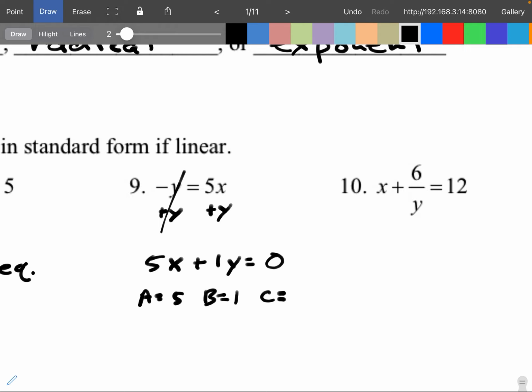You get 5x plus 1y equals what? What do I got on the left-hand side? What's negative y plus y? 0. That's a 0. So that works. Because then you'd have capital A would be 5, capital B would be 1, and capital C would be 0. So yes, that's a linear equation.